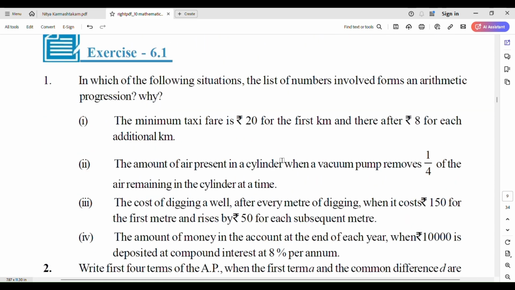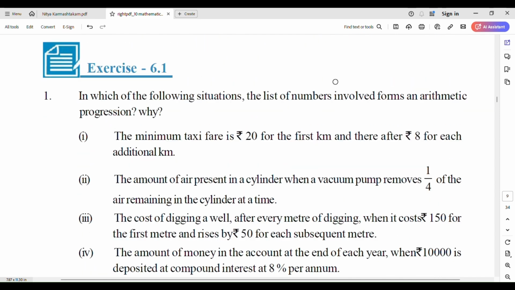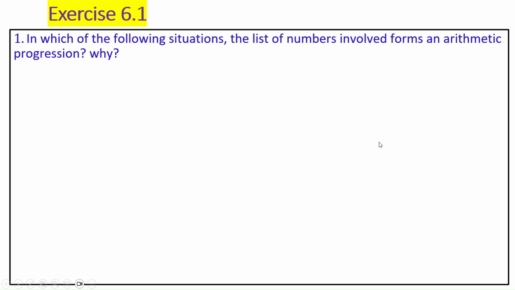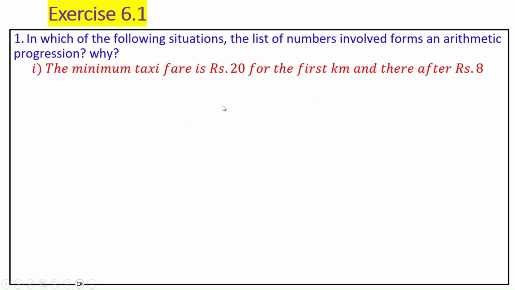Okay, now let's do the exercise part. Let's do the exercise 6.1. In which of the following situations does the list of numbers involved form an arithmetic progression and why? Okay, so there are multiple questions in this. The first one is the minimum taxi fare is 20 rupees for the first kilometer and thereafter 8 rupees for each additional kilometer.